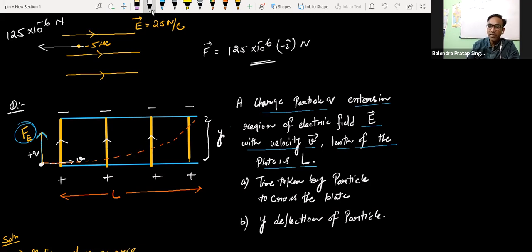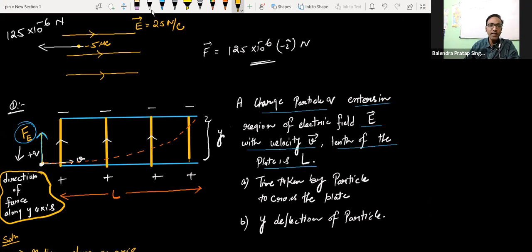So you can write here: the direction of force is along the y-axis. Is it clear now? Because the direction of the electric field is also along the y-axis.